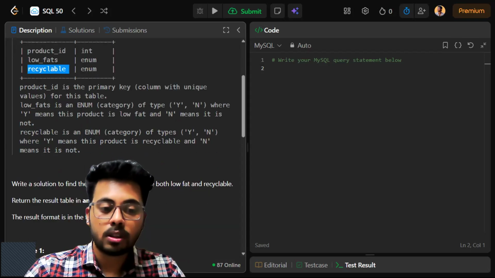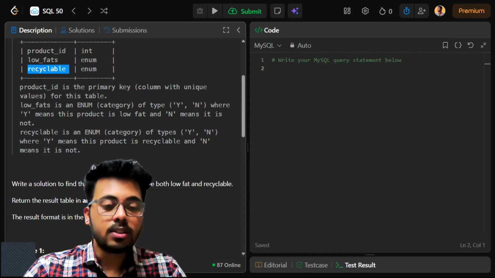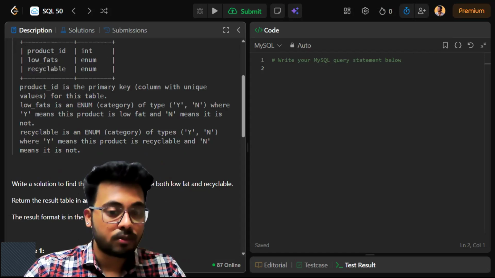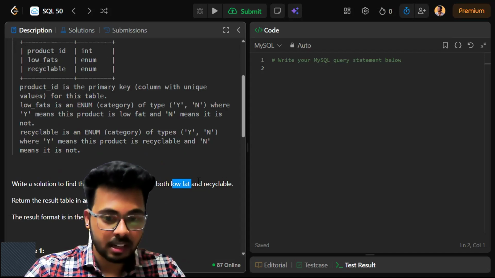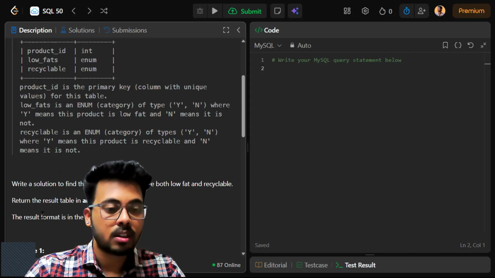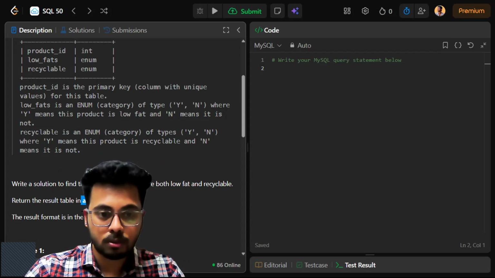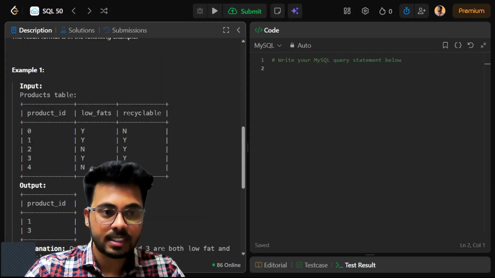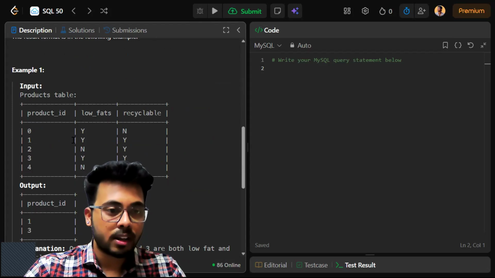Now let's see what the problem asks. Write a solution to find the IDs of the products that are both low fat and recyclable. We need to return the result table in any order. The result format is in the following example. Let's understand the given problem with the help of the given example. We already got an input table, Products, that includes three specific columns: product_id, low_fats, and recyclable.